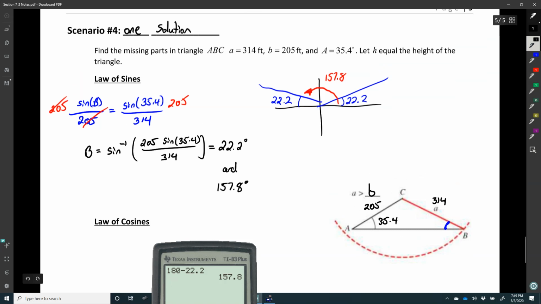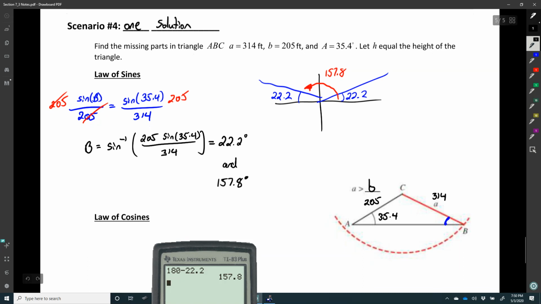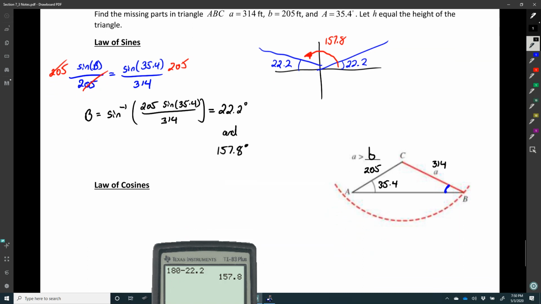Okay? So why is there only one solution? Well, think about it. 22.2 plus 35.4 plus the other angle has to equal 180.